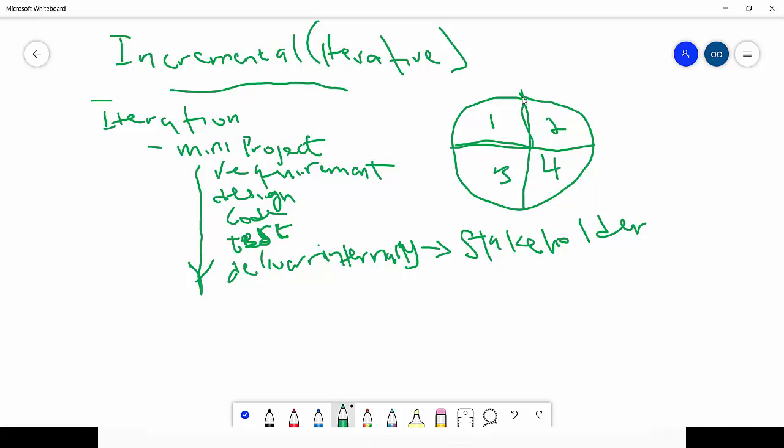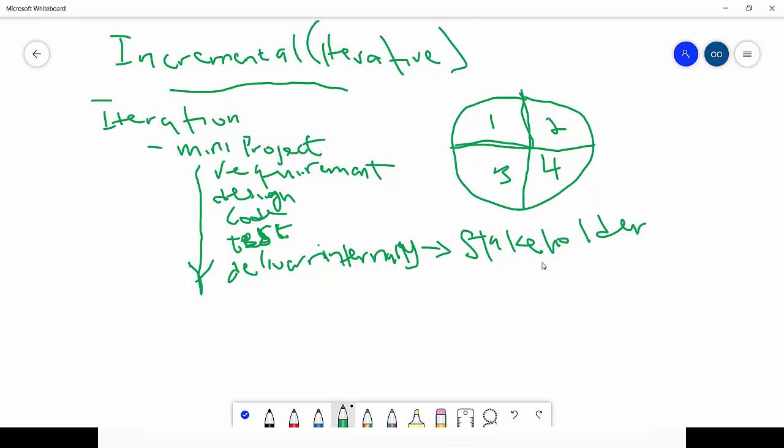All right, so a stakeholder is nothing but any individual or group or organization who may affect or be affected by or perceive itself to be affected by a decision, activity, or outcome of a project. Look at that definition.